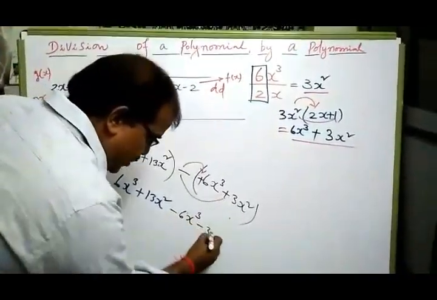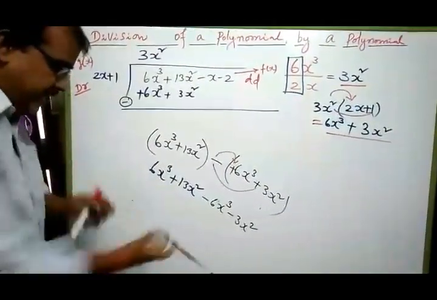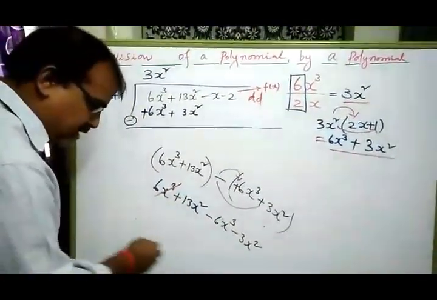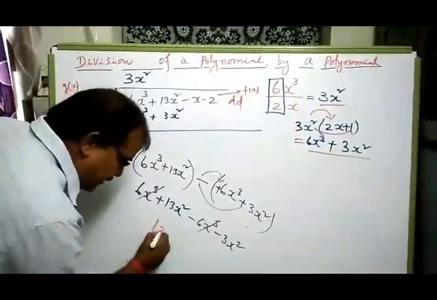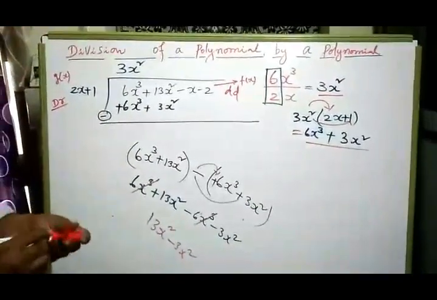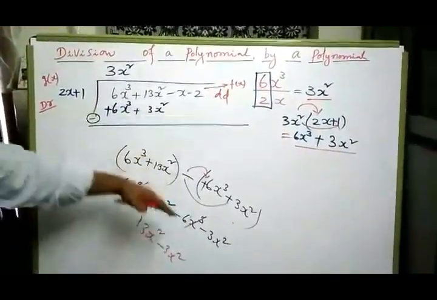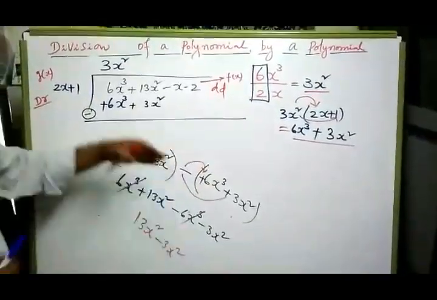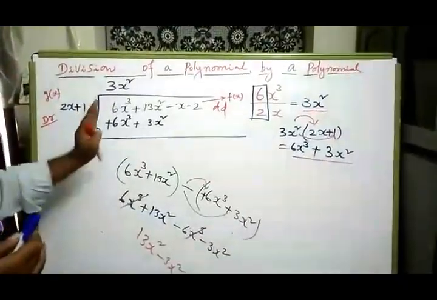Now simplify. 6x cube minus 6x cube is 0. What is left is 13x square minus 3x square. Instead of doing it like this, directly, which is called horizontal subtraction, we know very well, but we are doing vertical subtraction.